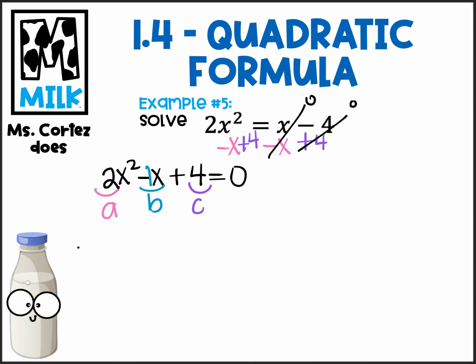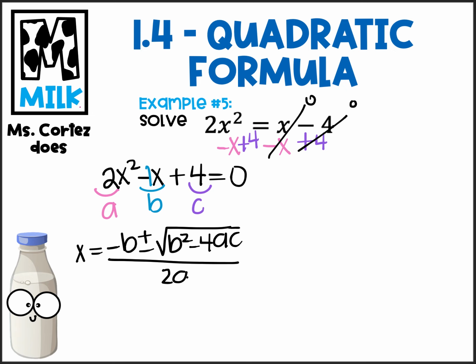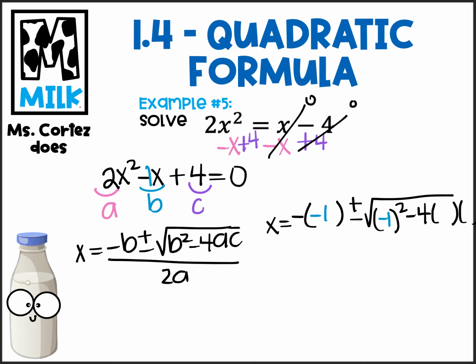Substituting in the quadratic formula, x equals negative b plus or minus the square root of b squared minus 4ac, all over 2a, I will have x is equal to negative 1 plus or minus the square root of negative 1 squared minus 4 times a times c.